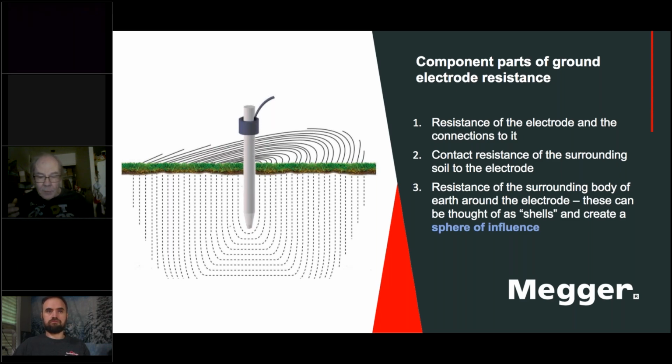So if it levels off at, let's say, 5 ohms, you've got a good ground, you don't have anything to worry about. If the resistance levels off at 250 ohms, your ground's not working, and you've got to do something about it. So this is what you're measuring then. This is what you're looking for when you're measuring the resistance of your grounding electrode.